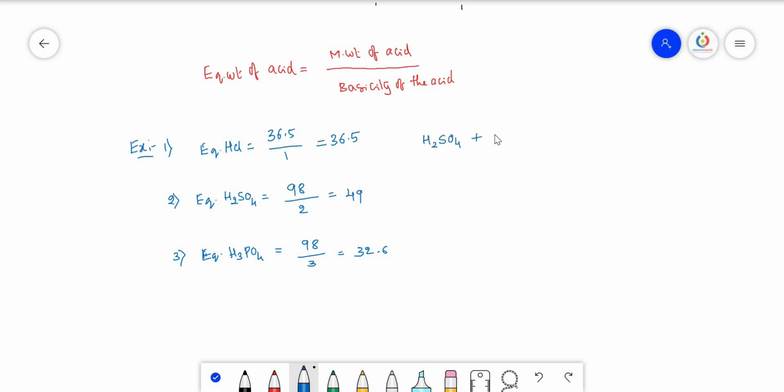H2SO4 reacts with 2 moles of NaOH, giving Na2SO4 plus 2H2O. If they ask you what is the equivalent mass of H2SO4 here, from H2SO4 how many H plus ions participate in the reaction?